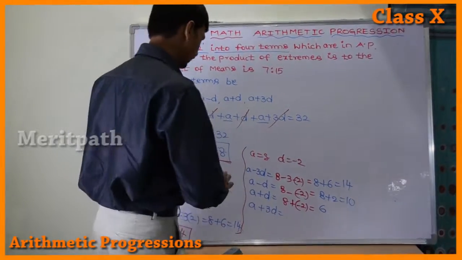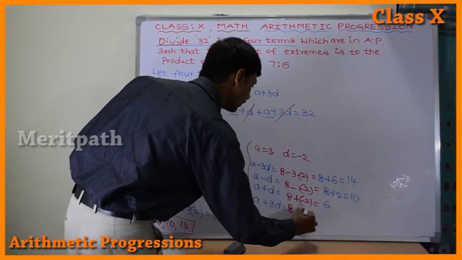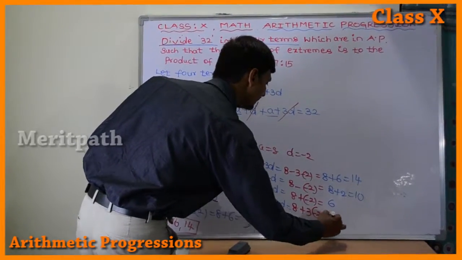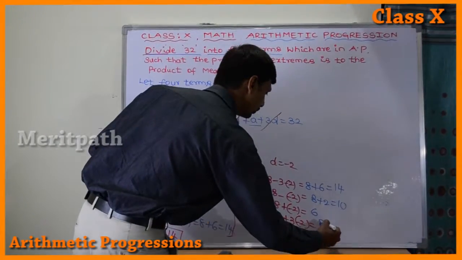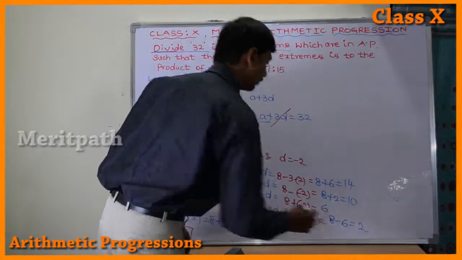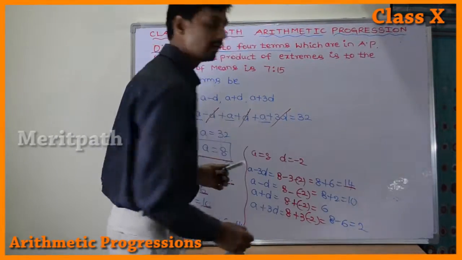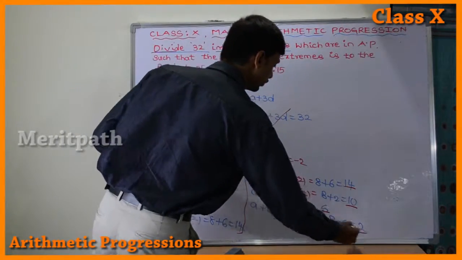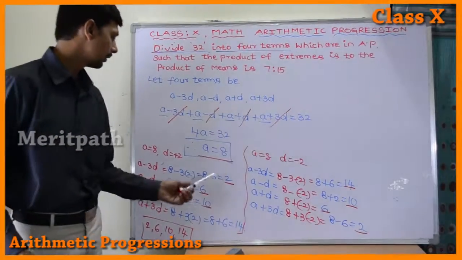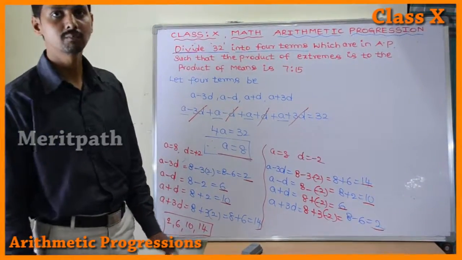And a plus 3d is 8 plus 3 into minus 2, that is 8 minus 6, that is value 2. Now here we can observe that the 4 terms in AP are 14, 10, 6 and 2. And here also we found 2, 6, 10, 14. The terms are equal in both cases.